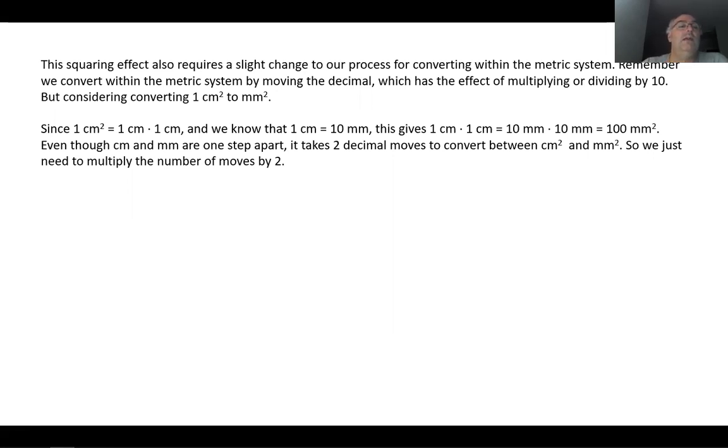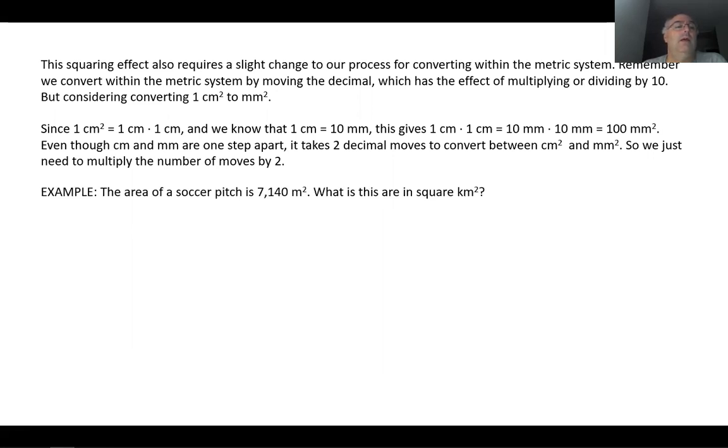So even though centimeters and millimeters are only one step apart in our little King Henry doesn't usually drink chocolate milk memory device, it takes 2 decimal moves to convert between square centimeters and square millimeters, 1 for each of the tens. So we can convert using our same decimal moving technique. We just have to remember to multiply the number of moves by 2.